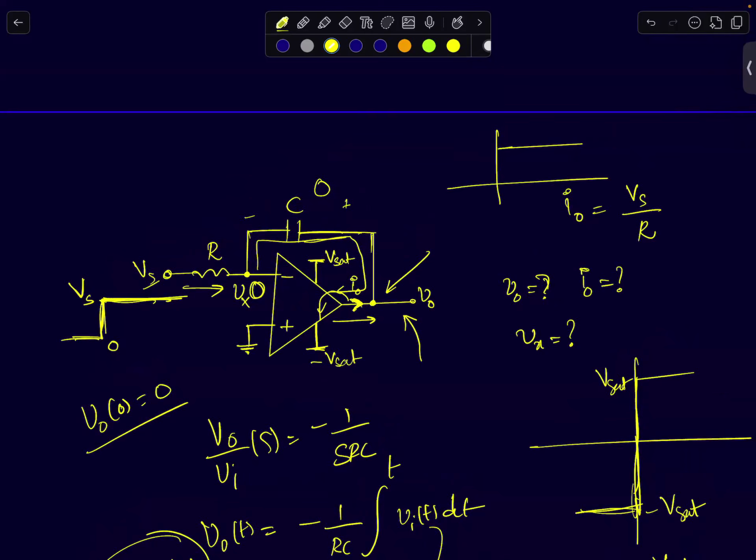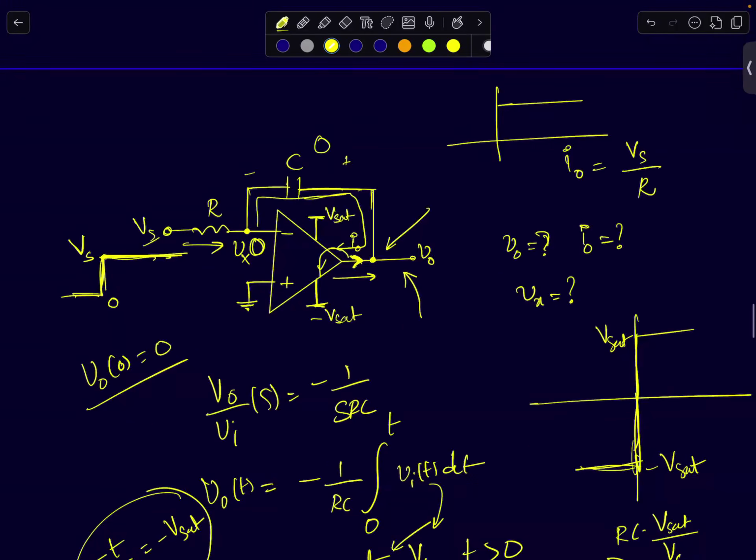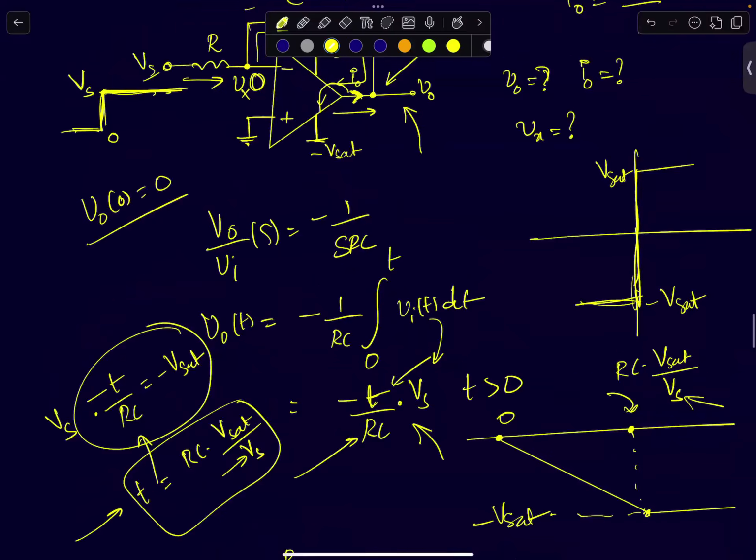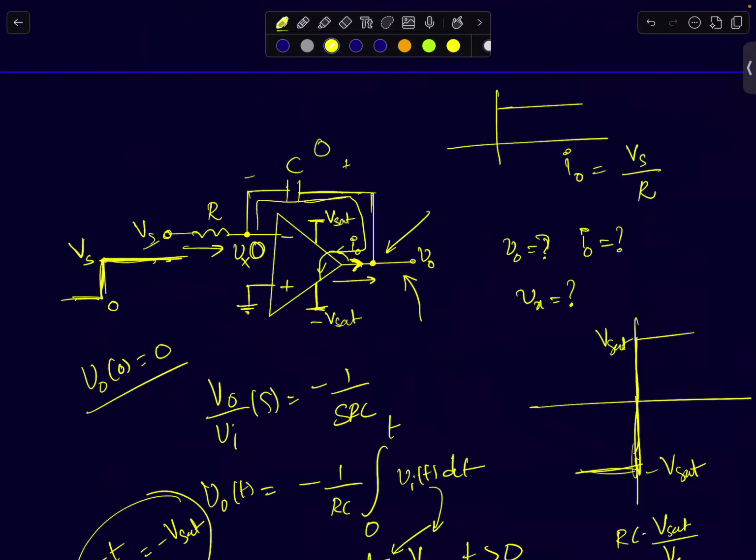Will it be a step current always? What will happen once the op amp's output saturates? I just said that the loop gain goes to 0, right? Because once your op amp output saturates, there is no gain in the circuit.